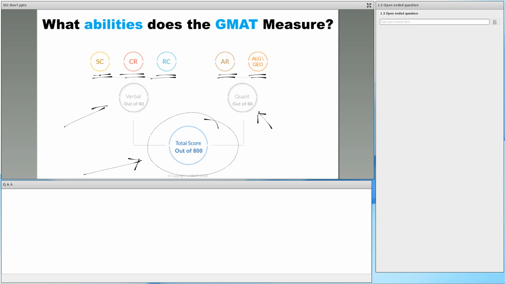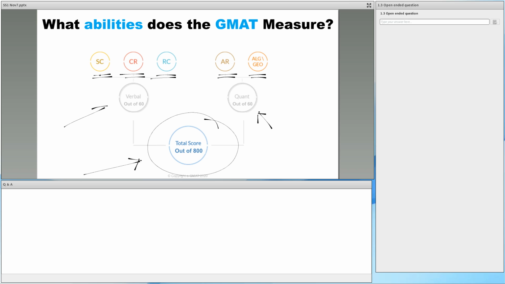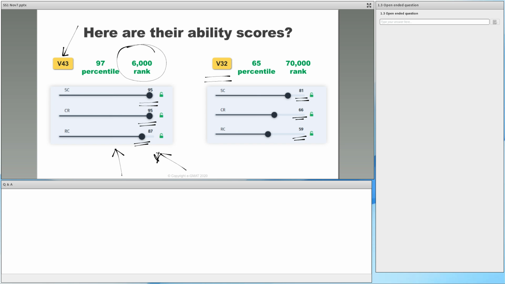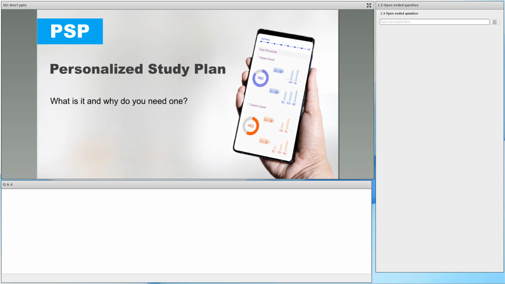Okay, just seeing the slide over here. Hold on. Can you guys see the slide? Yes, no. Which says, what abilities does the GMAT measure? All right, let me just go to a certain slide.